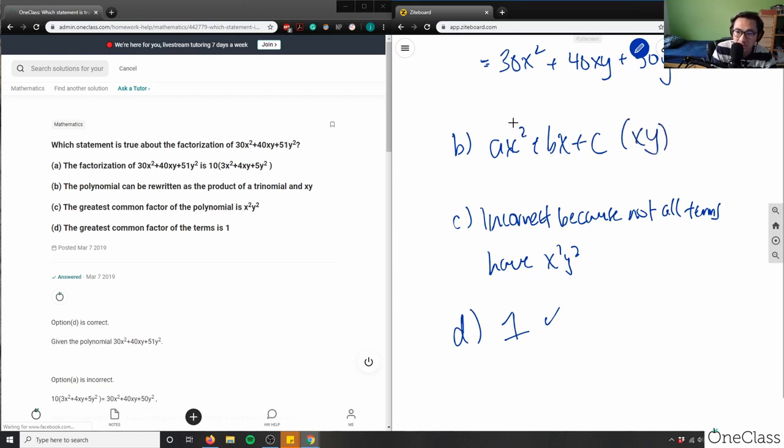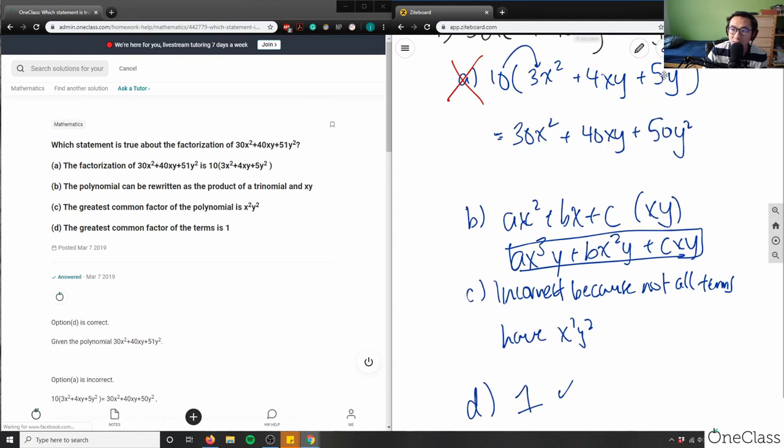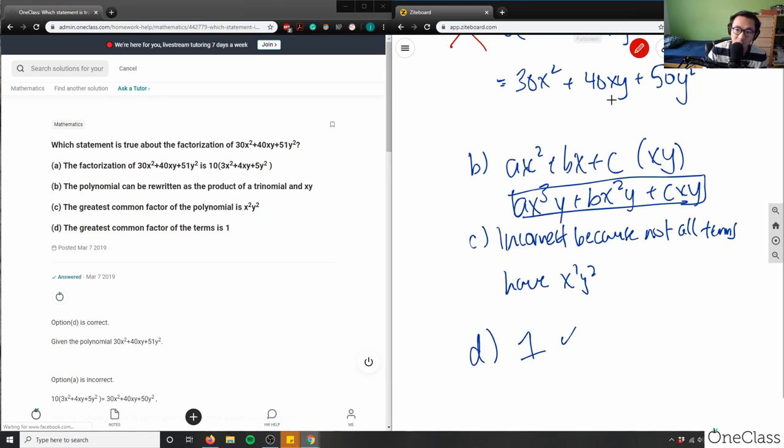If you multiply these two, you would get ax cubed y plus bx squared y plus cxy. This does not equate to my 30x squared plus 40xy, because this here the degree is 3, and this here the degree is 2, which means B is also an incorrect answer. Which means the only answer that's correct here is D.